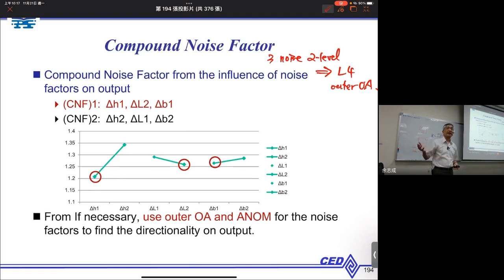We use analysis of mean to get the response table and the effect plot, so we will know the influence of the control factors. At the same time, using a similar concept, we can use analysis of mean on the noise factors. Then we can understand the influence of the noise factors, right?